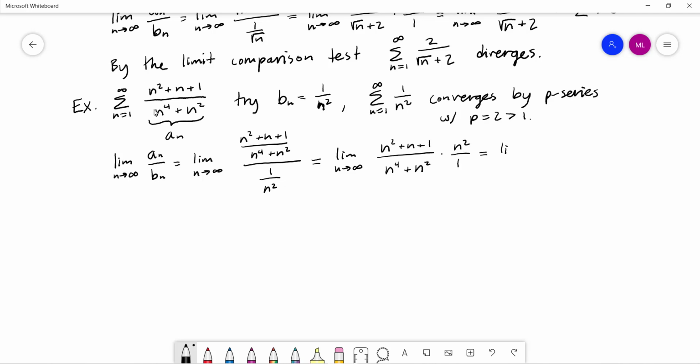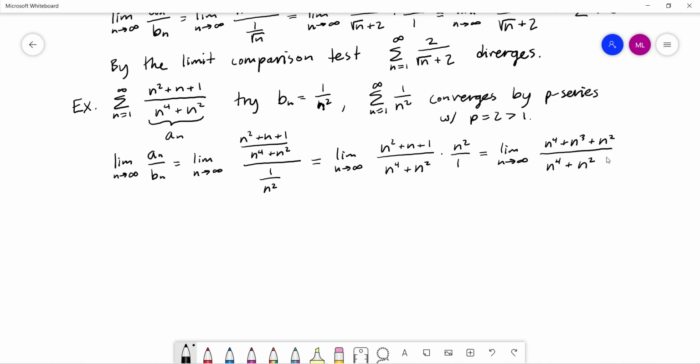Distributing that n squared through, we get n to the 4th plus n cubed plus n squared over n to the 4th plus n squared.